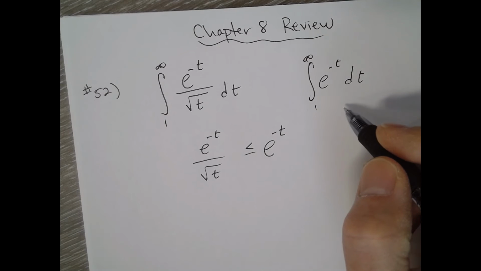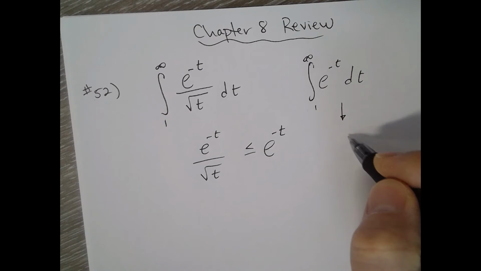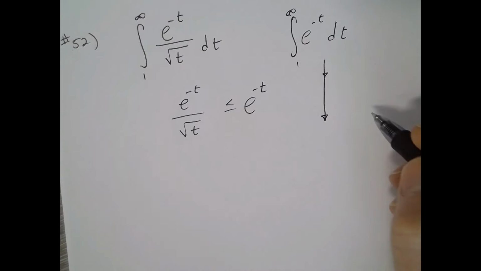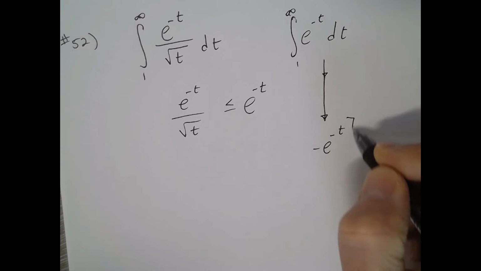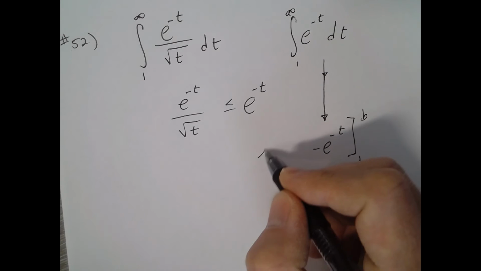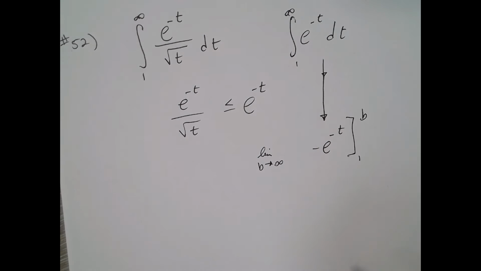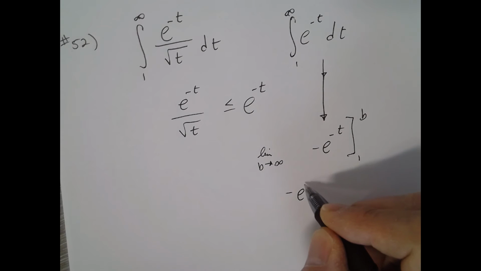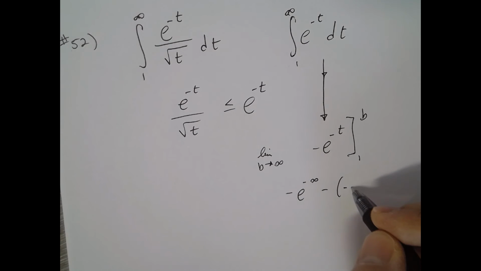integral here just by finding the antiderivative, so it's, I'll make a longer arrow here. So the antiderivative is negative e to the negative t from 1 to b as b goes to infinity. So negative e to the negative infinity minus negative e to the negative 1.